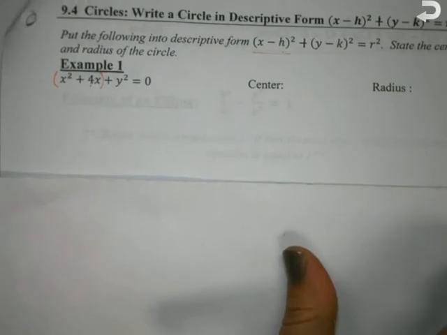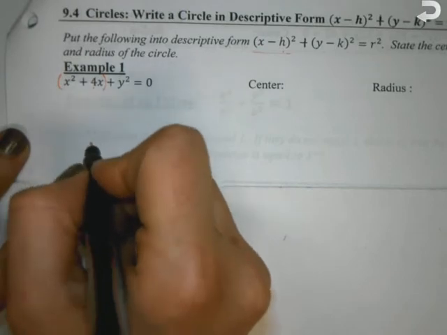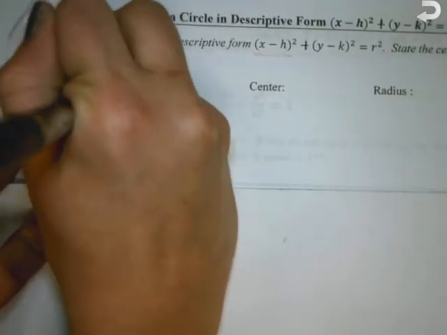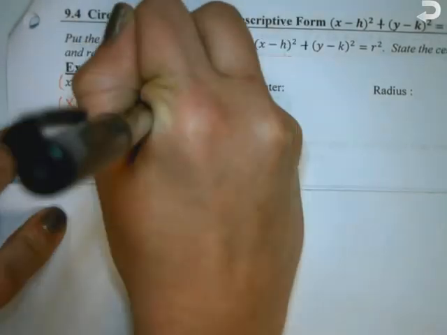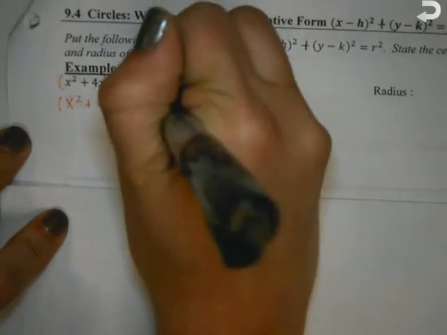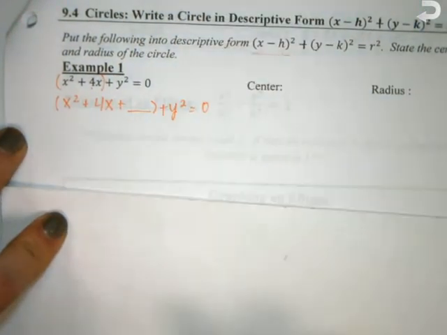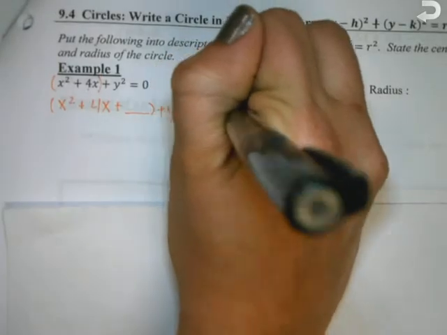So what we're going to do first is rewrite this, but with completing the square we have to fill in the blanks. So let's just rewrite x squared plus 4x plus blank plus y squared equals 0. And remember, whatever I do to one side, I have to do to the other. So we have to put in a plus blank right here as well.